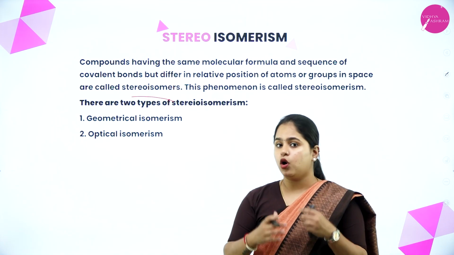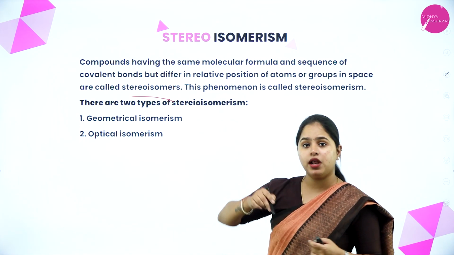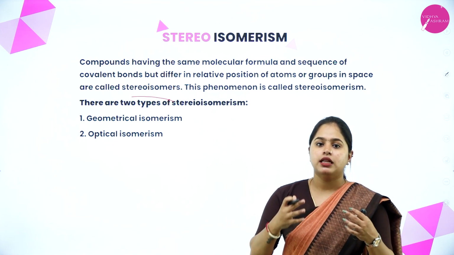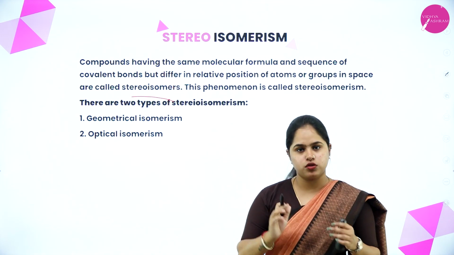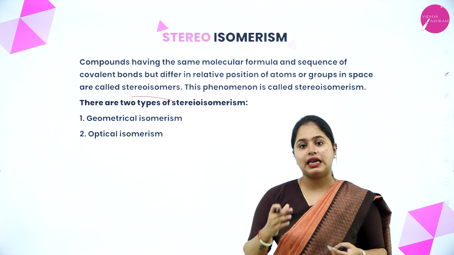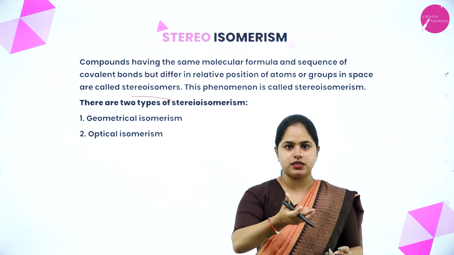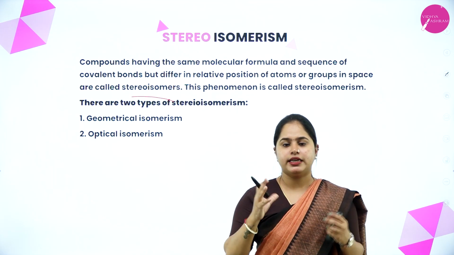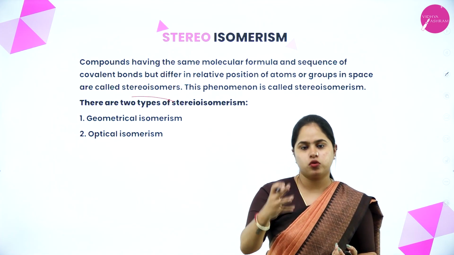That means their molecular formula of course will be the same and their structural formula will also be the same. That means the covalent bonds, how they are bonded, will also be the same. But they will differ in their position in space. When they are represented in space, the direction in which the bonds and substituents are present will be different.